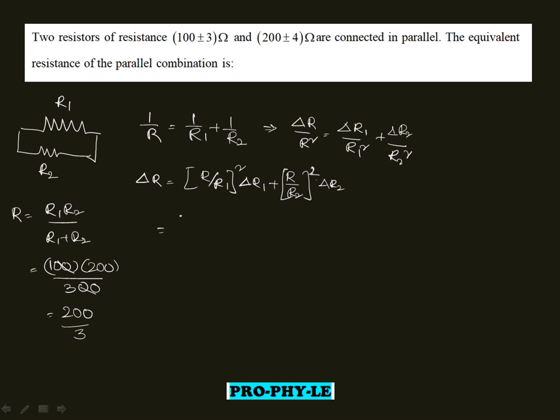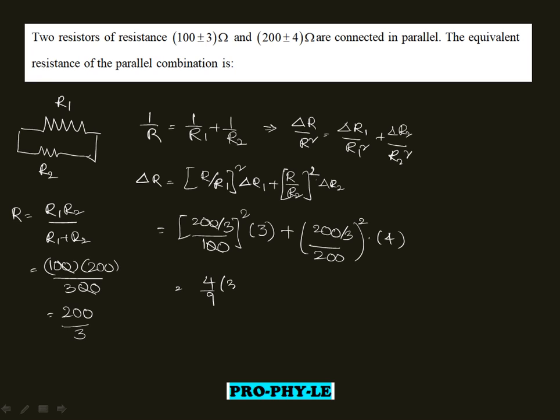Now I will substitute these values. (200 by 3 by 100) whole square into delta R1, which is 3, plus (200 by 3 by 200) whole square into 4, or this will be 4 by 9 into 3 plus 1 by 9 into 4, that is 12 plus 4 by 9, this will be 16 by 9, whose value is closest to 1.3.